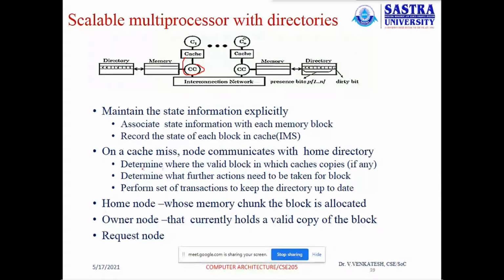So whenever we are going to have a cache miss, you know what is meant by cache miss. For example, a particular core requests particular data, it will check with that cache. If the data is not available in the cache, then it is going to be called a cache miss. So if that particular core requests data, in that case, it will check for that memory address in this particular cache.